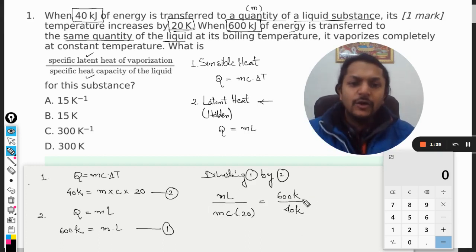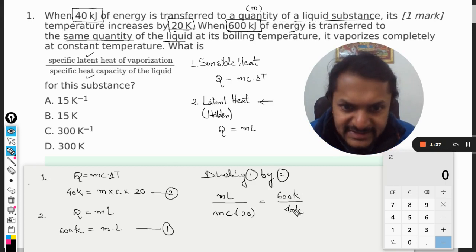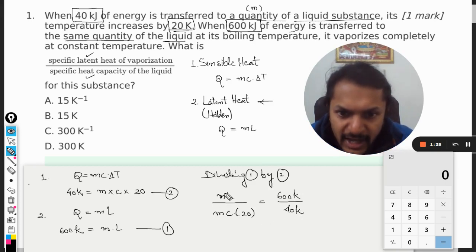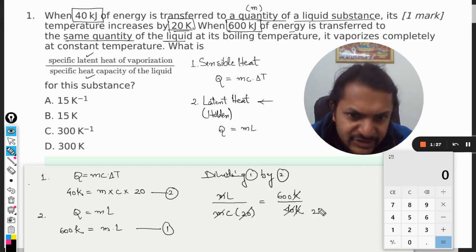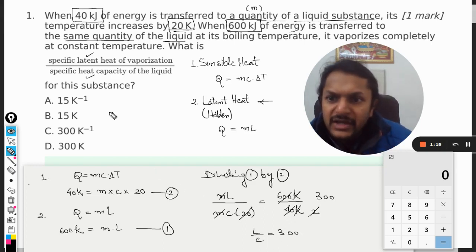So obviously the 1000 gets cancelled out and the 0 will be cancelling out. m and m gets cancelled out. We are just remaining with L by c. So this K and K gets cancelled. This and this I can cancel by 2. So this will be taken as 300. So L by c comes out to be 300.